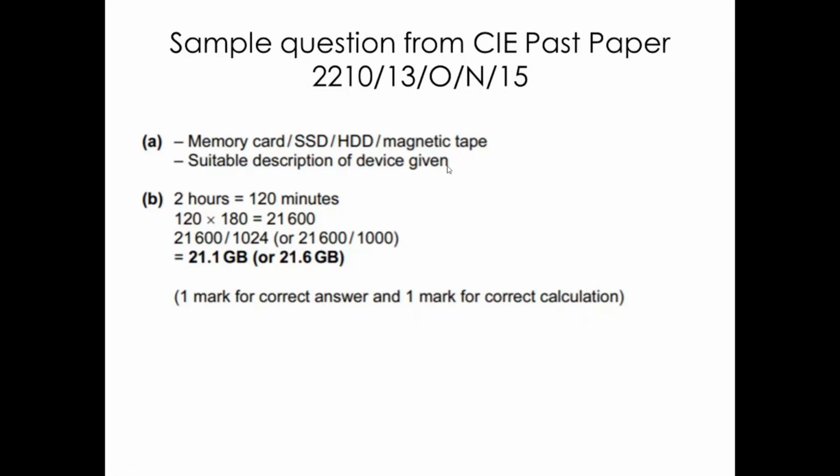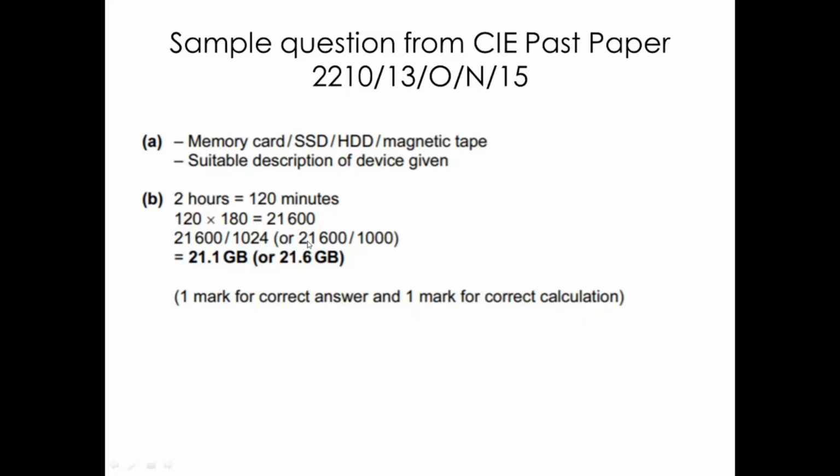Okay, as I told you, 2 hours is equal to 120 minutes. So 120 multiplied by 180, you get 21,600. Now 21,600 you will divide by 1024, because we want to calculate in GB, and 1 GB is equal to that much MB. That's why we will divide it by this.